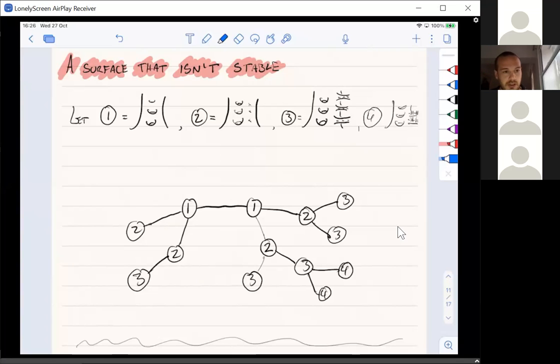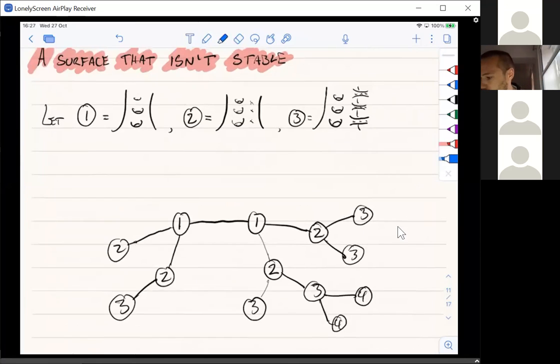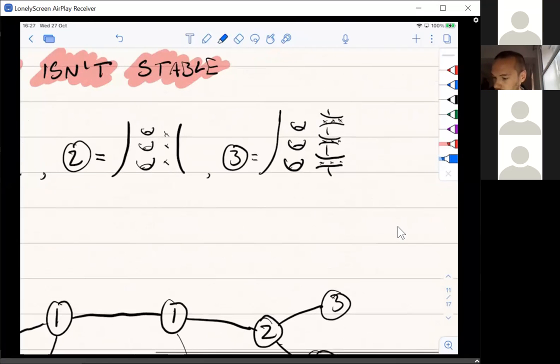So I will call an end of type 1 this kind of monster. And then type 2 is this monster which also has punctures flying off to infinity. And then an end is type 3 if it is a monster fused together with flutes going off to infinity. So what I'm doing is I look at this end that I've called number 2, and every time I see a puncture, I replace that with a flute.